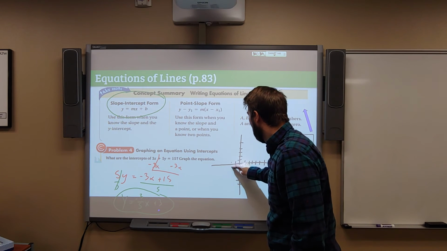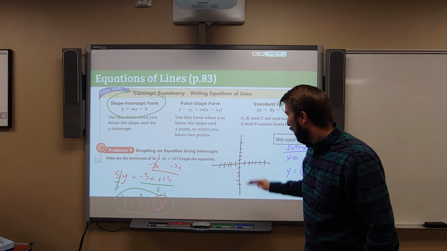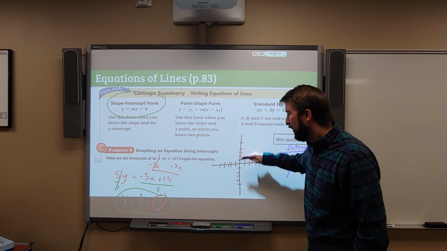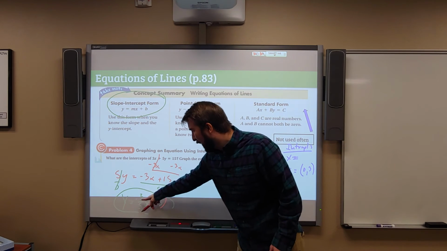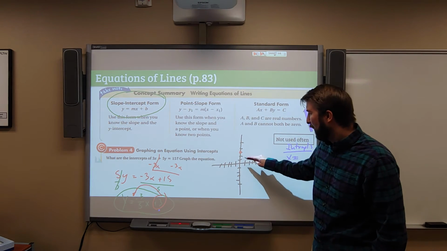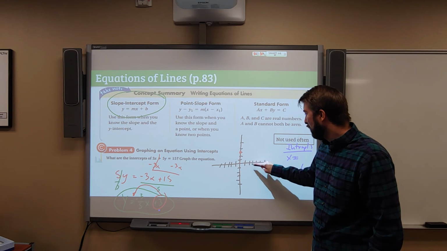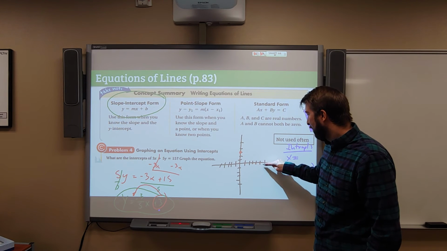Alright, so remember to graph, I'm going to use my y-intercept, I'm going to go up here to 3. And then I'm going to use my slope to find my second point. So I'm going to go down 3, 1, 2, 3, and then over 5, 1, 2, 3, 4, 5.